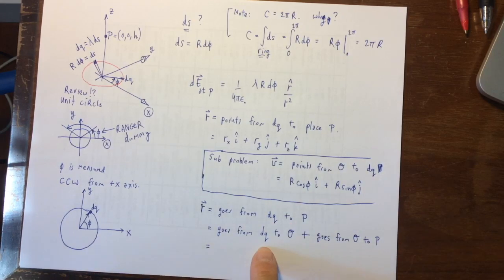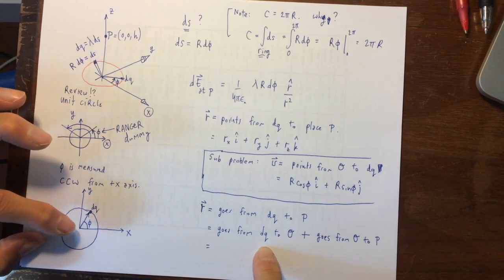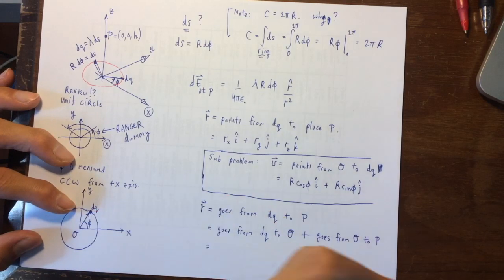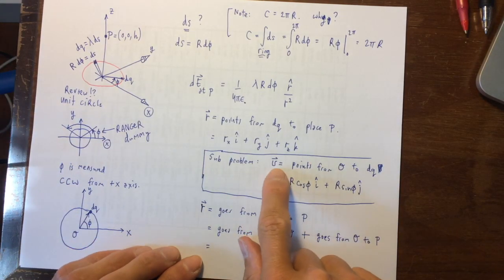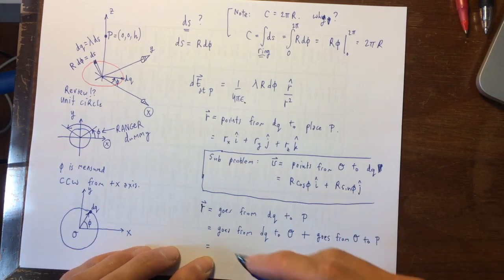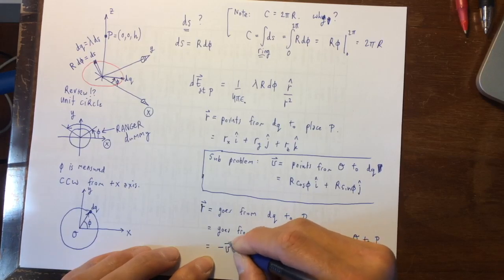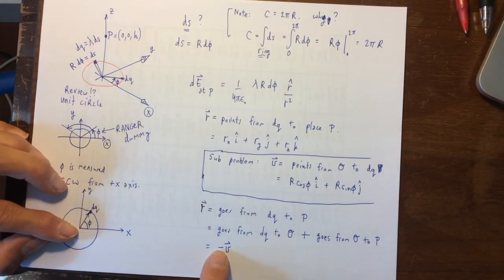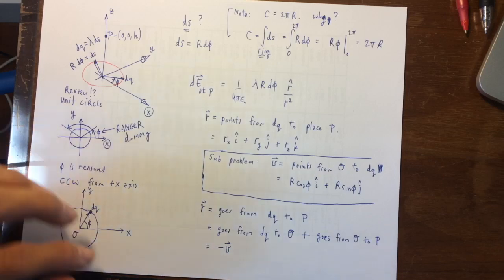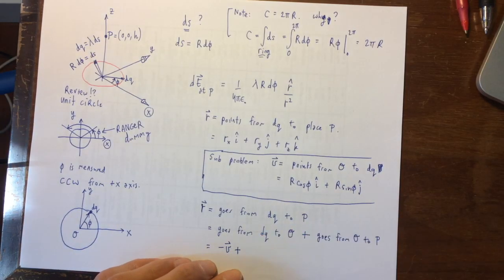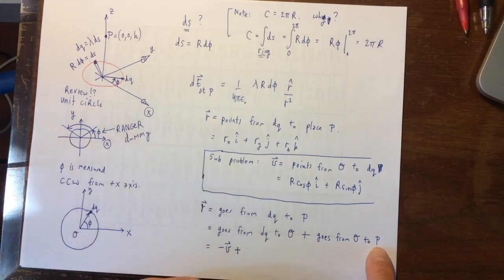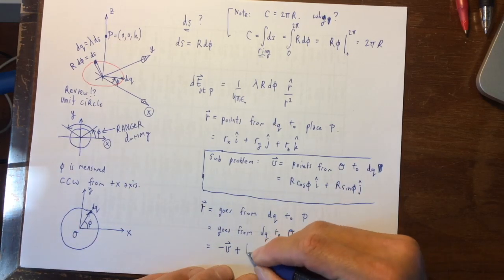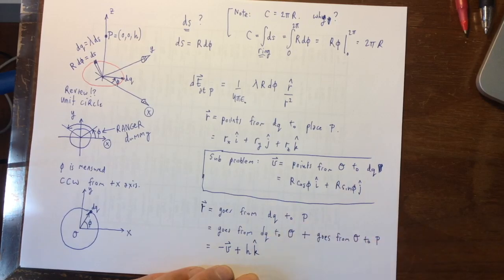So if I want to go from dq to the origin, then I want to use v, but I want to use it backwards. So I'll use v to go backwards from dq to the origin by using it backwards, right? Negative v. And then I'll add on the vector that goes from the origin up to P. And that vector is h k hat.